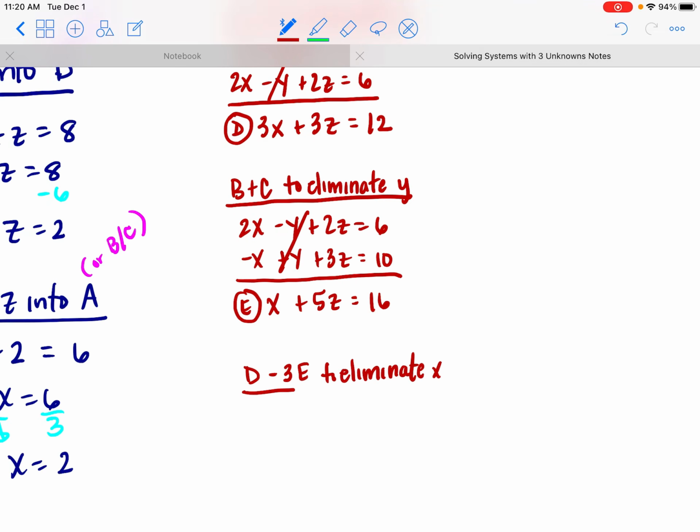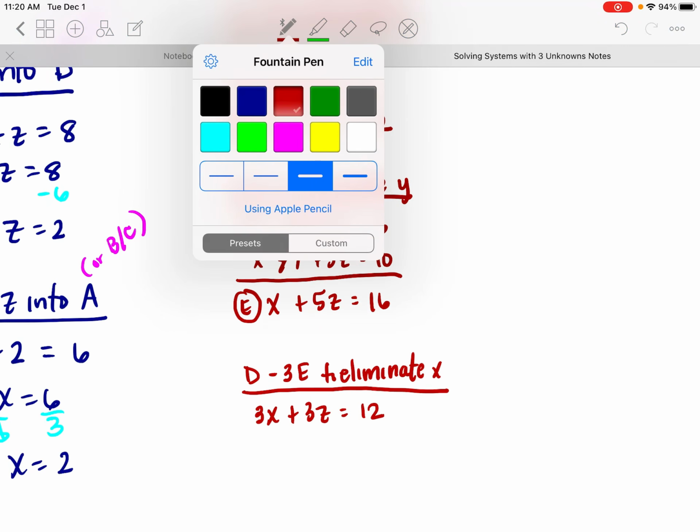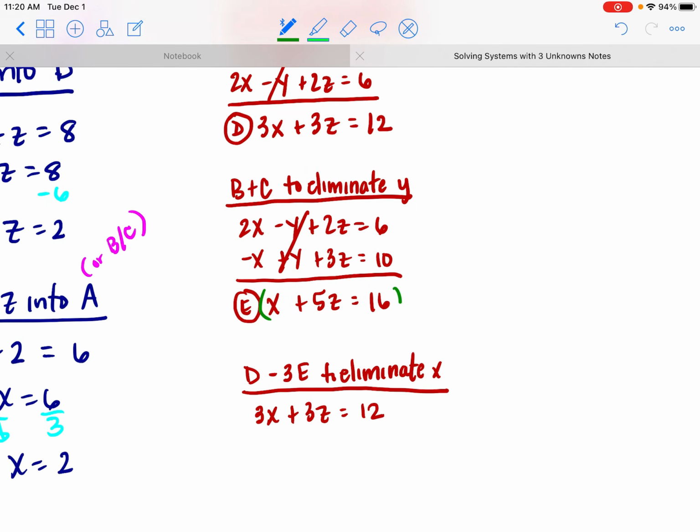So equation D was 3x plus 3z equals 12. If I multiply equation E by a negative 3, then I get negative 3 in front of x, negative 15 in front of z, and then negative 48 after the equal sign.